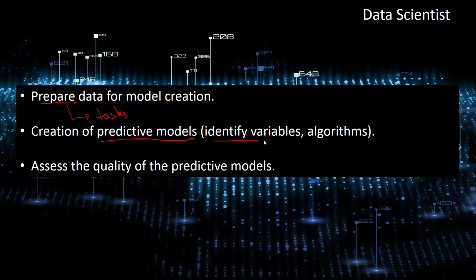And here probably the most challenging part is to identify the variables that are relevant and then identify the adequate algorithms to produce this model. And then finally, we want you to start thinking or start producing some measures about the quality of this model. Is the prediction a good prediction? Is this model good for prediction? And this is something that needs to be assessed in order for us to know if it makes sense to be used.